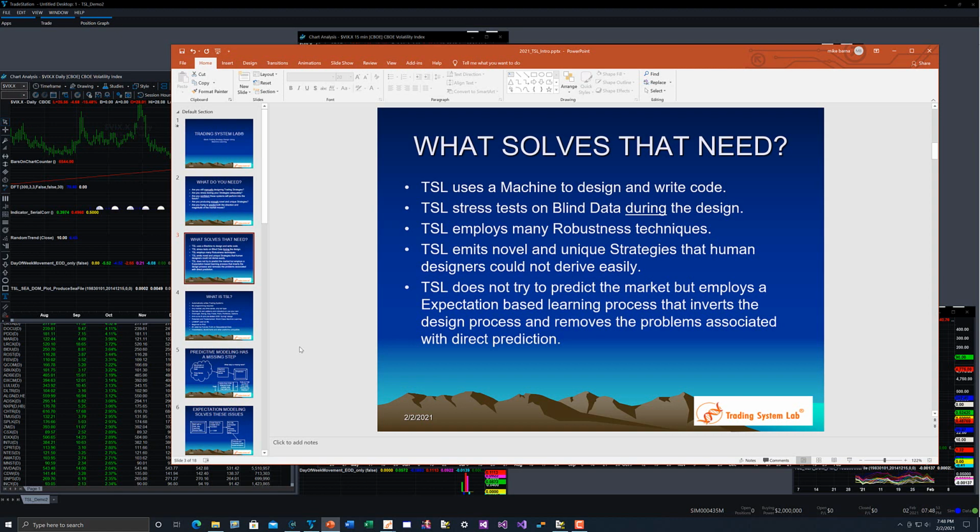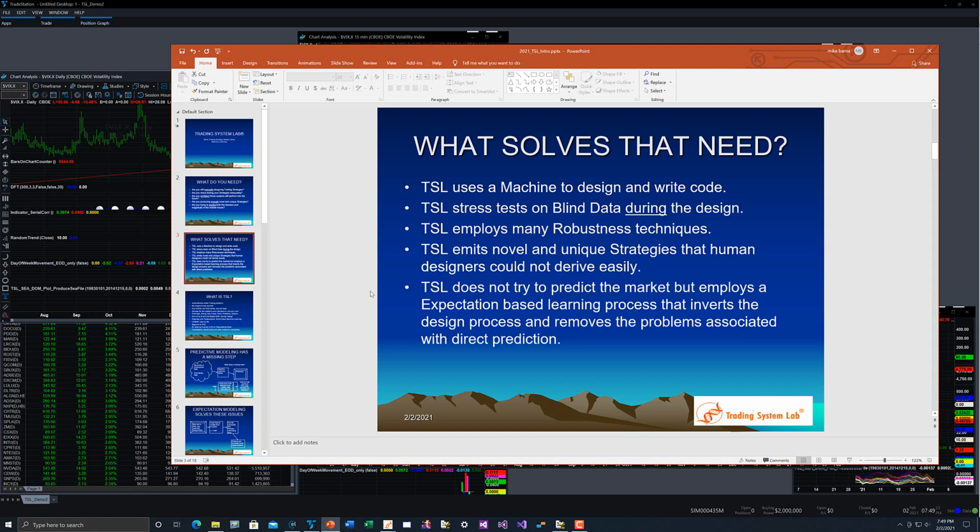and fitness routines. Trading System Lab will design very unique strategies that you could never come up with on your own. I've been writing trading strategies for over 25 years, and the machine is able to design trading strategies using mathematical constructs in such a way that I just simply wouldn't normally think of using constructs in that fashion.